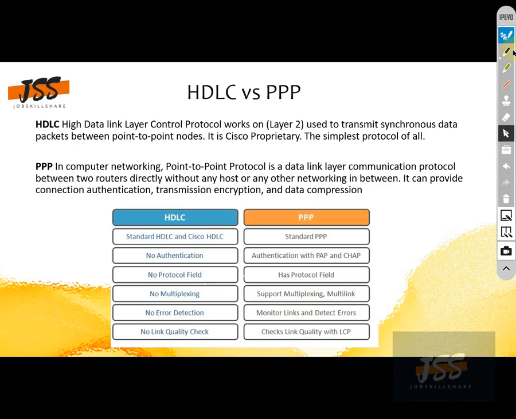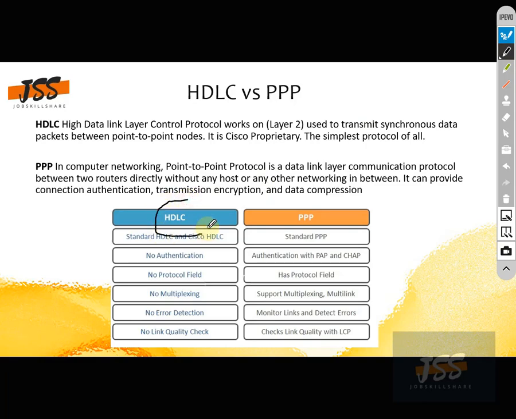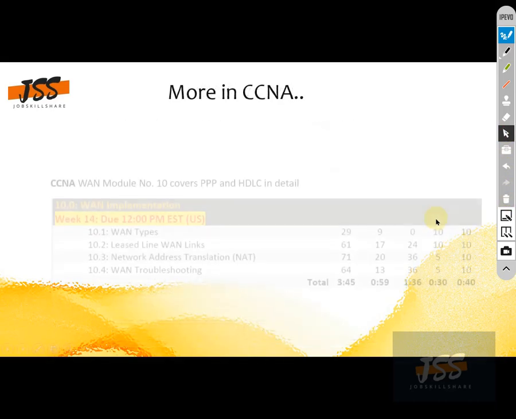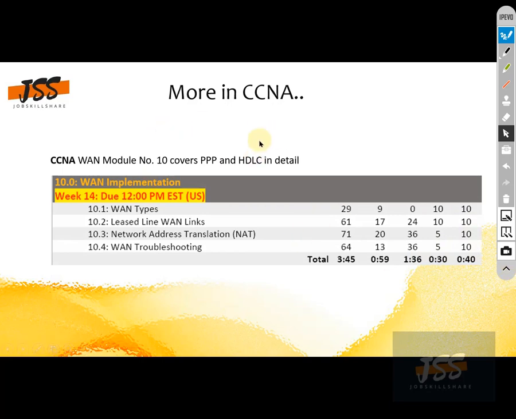The only advantage of HDLC is that, first of all, it is a simple protocol to configure, and it is fast. I mentioned this as well because in the CCNA, WAN module number 10 covers PPP and HDLC in detail.